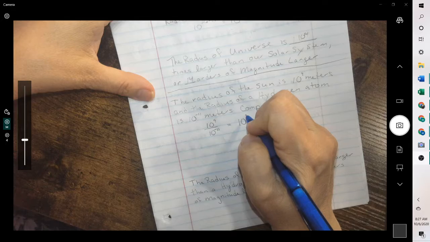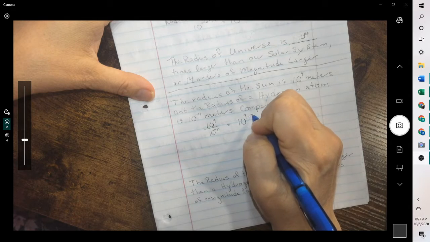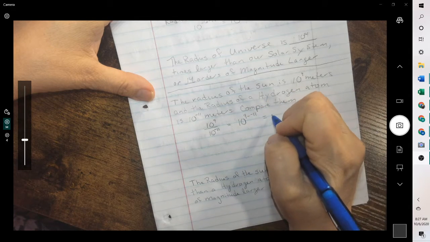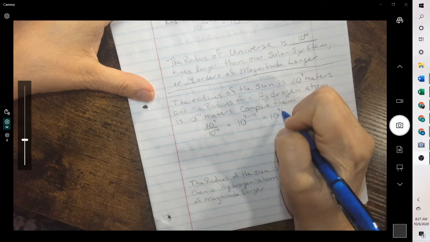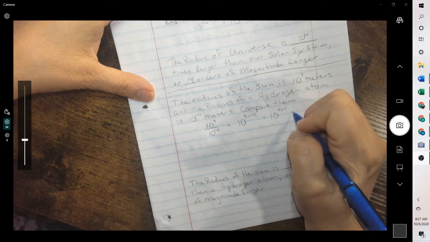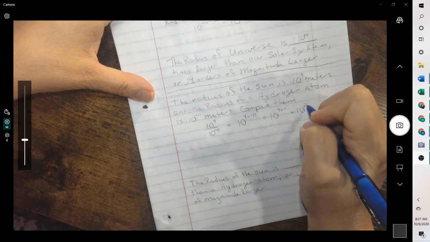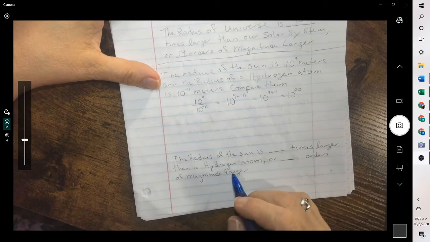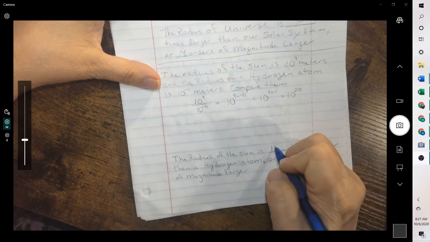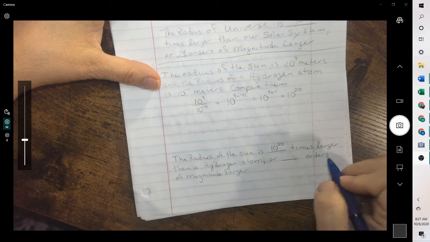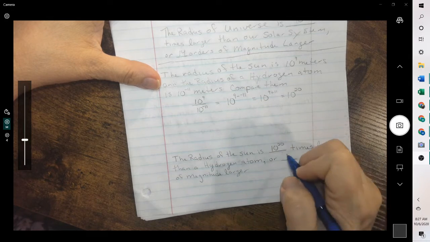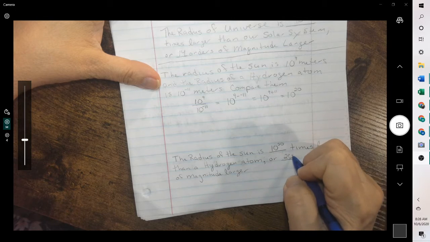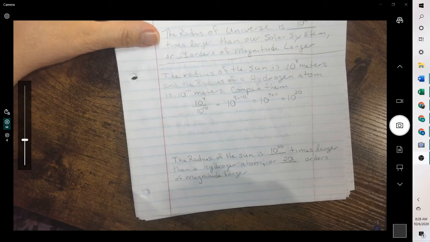Same base, subtract the exponents, top minus the bottom. A negative and a negative is a positive, so it's 10 to the 20th, which means that the radius of the sun is 10 to the 20th times larger than the hydrogen atom, or 20 orders of magnitude larger.